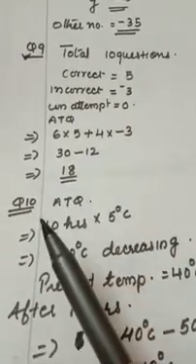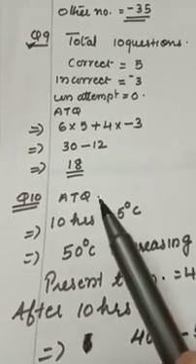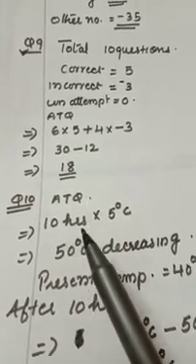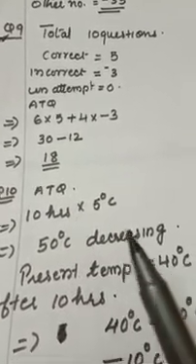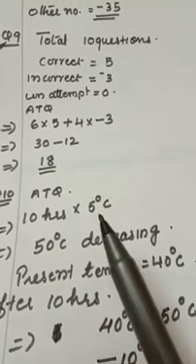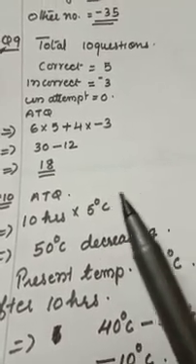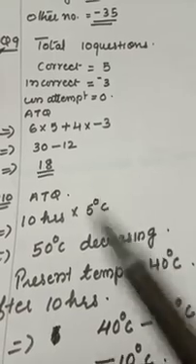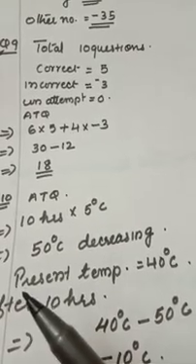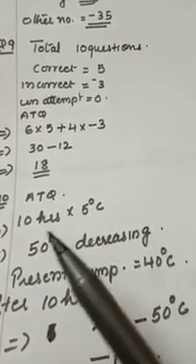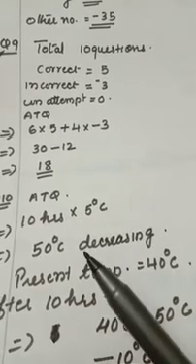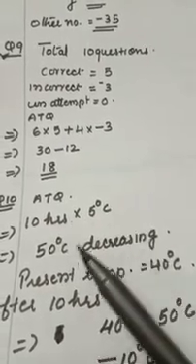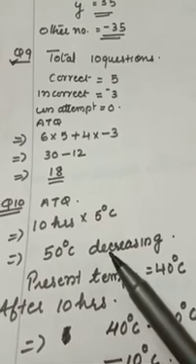Now question number 10. According to the question, after 10 hours, what is the temperature? After 1 hour, 5 degrees Celsius temperature will decrease. Each 1 hour, 5 degrees Celsius will decrease. Then in 10 hours, how much will decrease? 50 degrees Celsius decreasing.